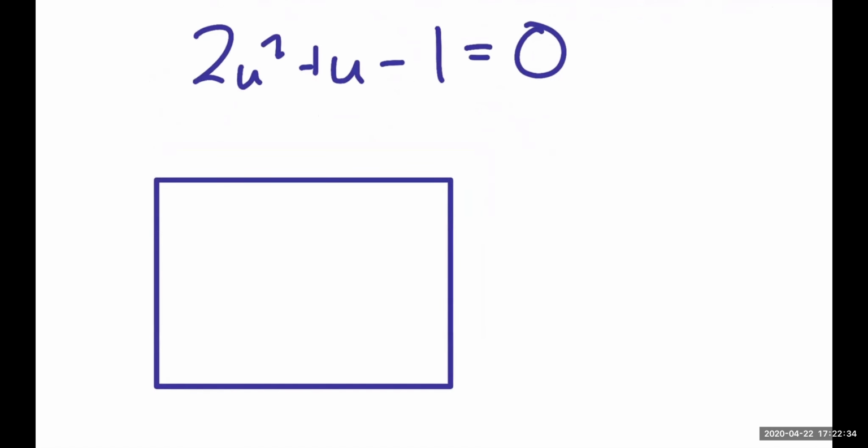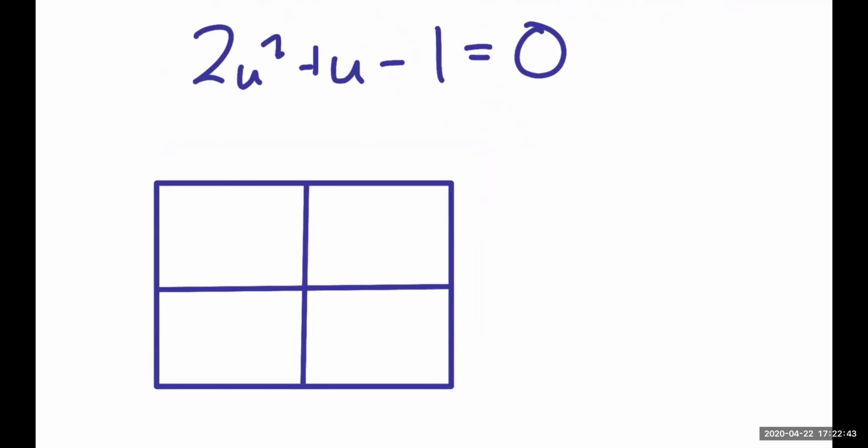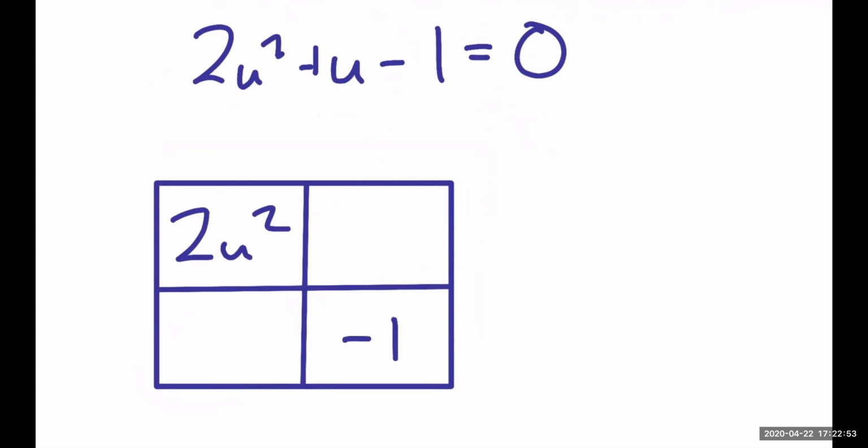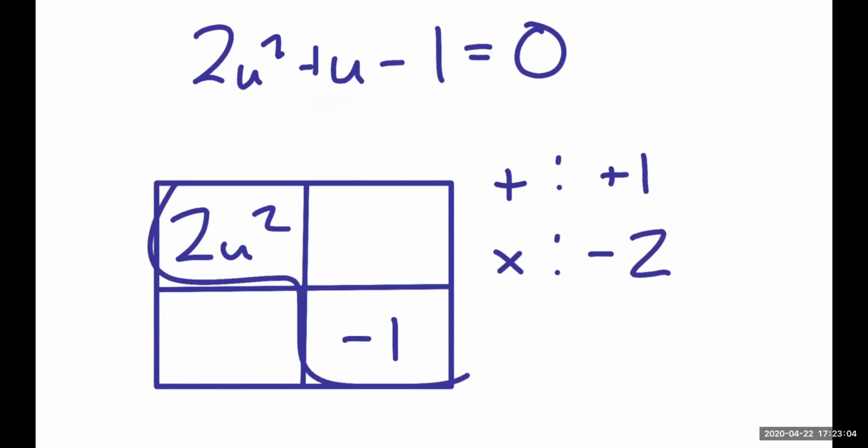So I'll get a box set up. Again, you don't really need a box, but you are certainly welcome to draw it if you would like. We know that we have a 2u squared and a -1. And then remember that whatever goes in these 2 boxes, we need them to add to +1 from our middle term, and multiply to -2 from the opposite diagonal. So what are the numbers that add to +1 and multiply to -2? Looks like that would be a +2 and a -1.